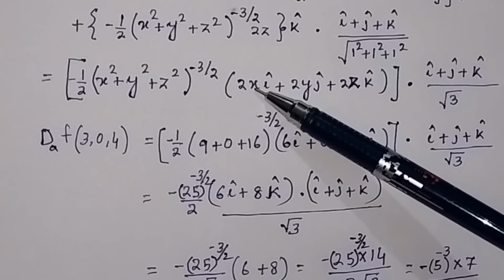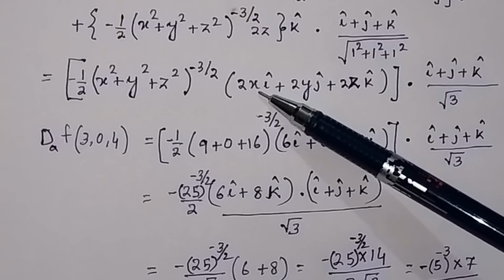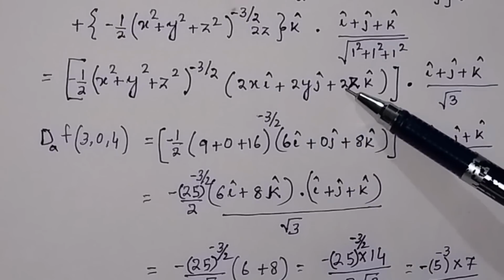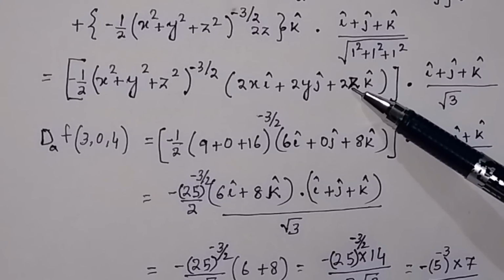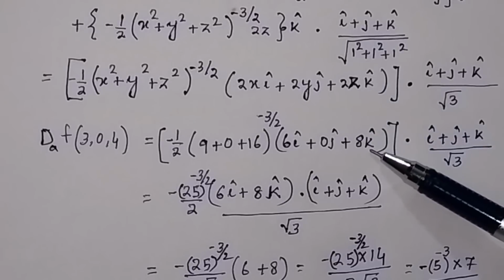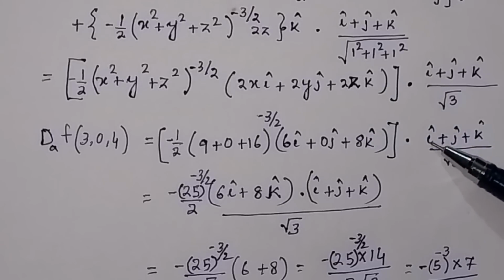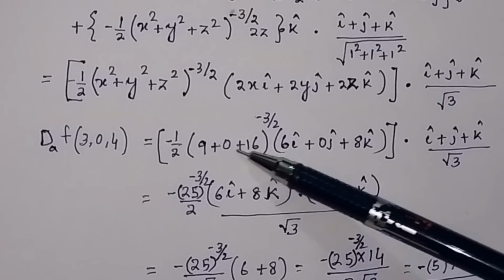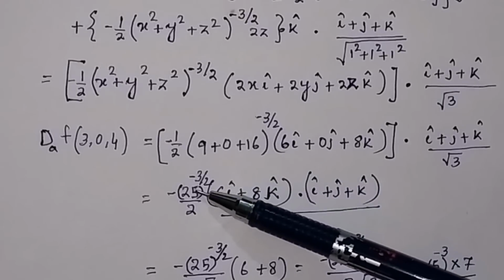And if you put x equal to 3 here, this value will be 6 i cap, this value will be 0, and this value will be 2 into 4, that is 8 k cap, dotted with i cap plus j cap plus k cap divided by root 3. And if you solve it, 9 plus 16 is equal to 25.